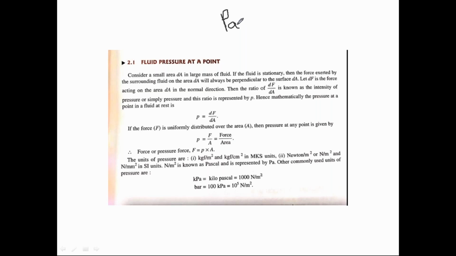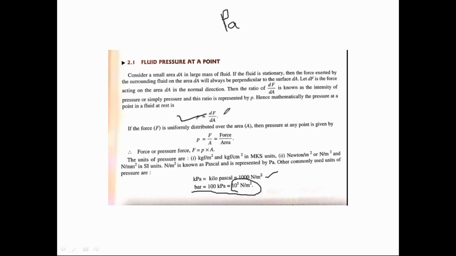Then commonly used units of pressure are kilopascal, that is nothing but 1000 Newton per meter square, and bar, that equals 100 kilopascal, and that equals 10 raised to 5 Newton per meter square. So in this way we have seen the term pressure intensity.